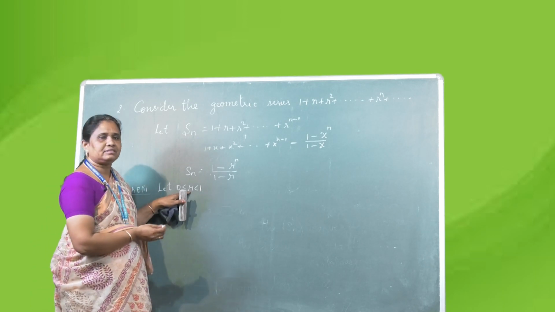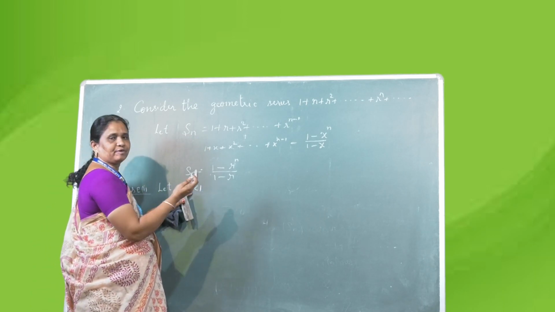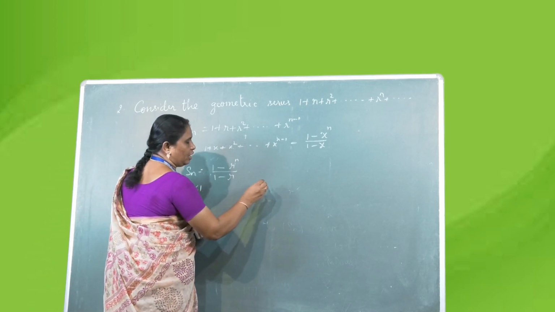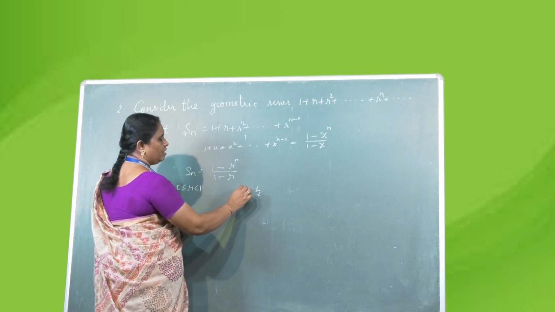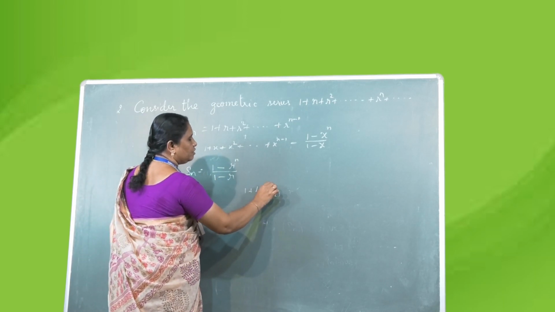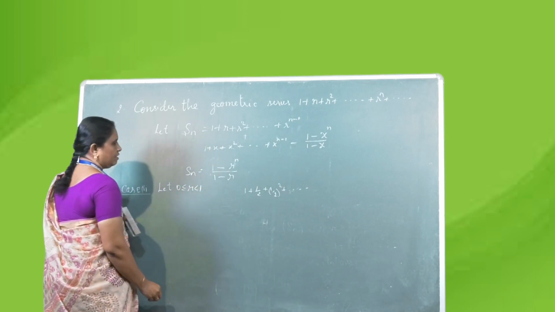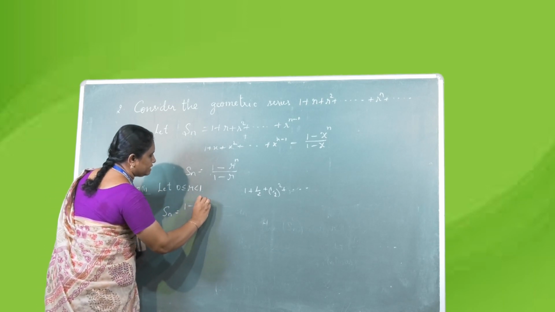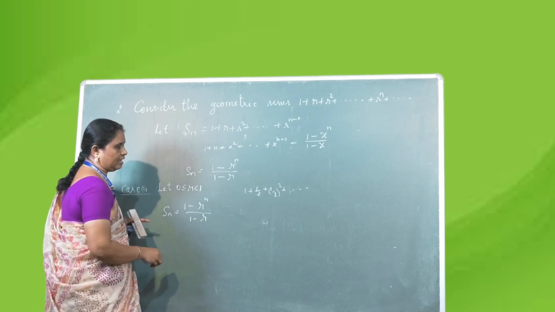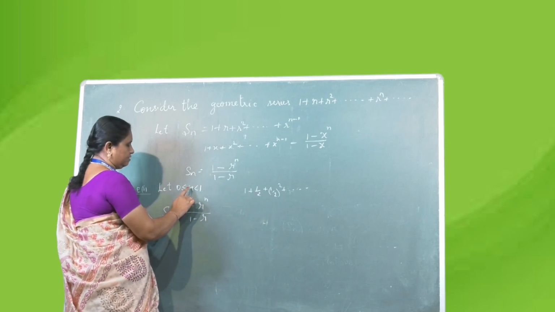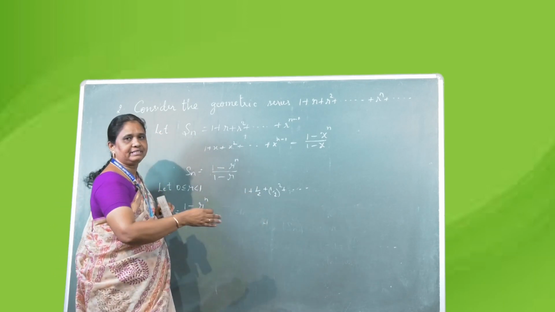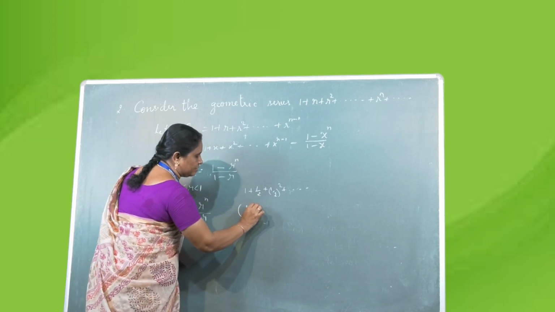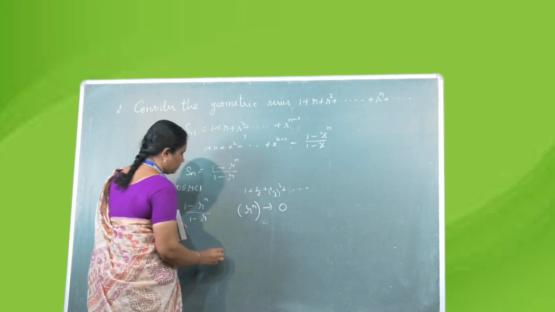When r varies from 0 to 1, maybe it is 1 by 2 or 1 by 3, etc. Then the series becomes 1 plus half plus half square plus etc. Now sn is equal to 1 minus r power n divided by 1 minus r, and for r equal to 1 by 2, 1 by 3 or 1 by 4, anything between 0 and 1, the sequence r power n converges to 0.